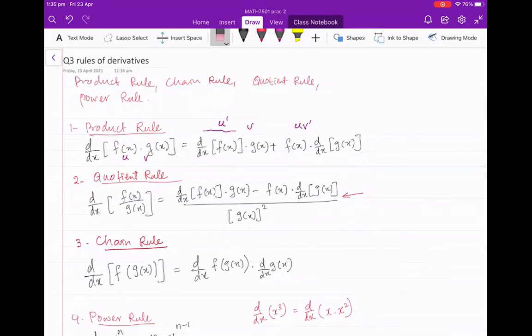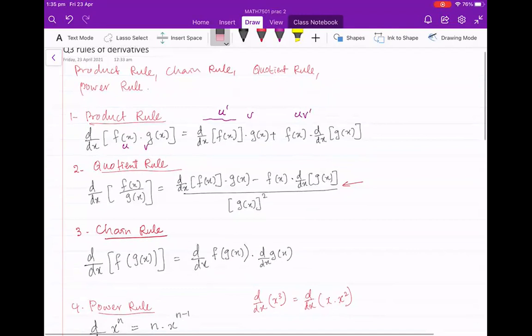Sometimes I've just written this using d by dx. Sometimes you can use UV formula or FG formula, but that doesn't matter. But the idea is the derivative of the product is you take the derivative of one function, multiply by the second one, plus take the derivative of the remaining function, multiplied by the other function.